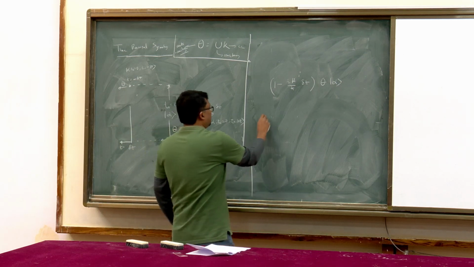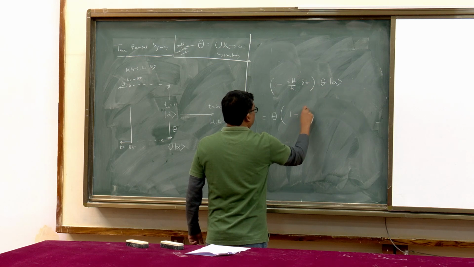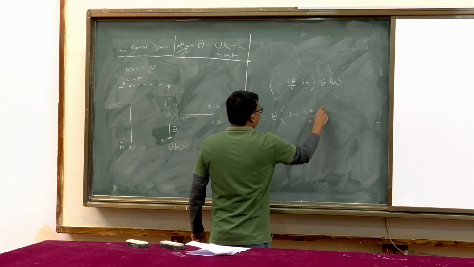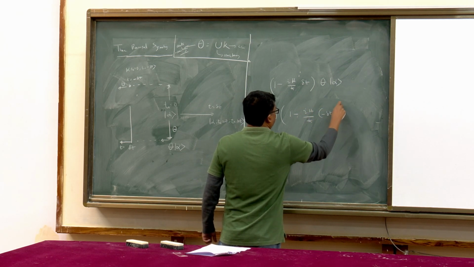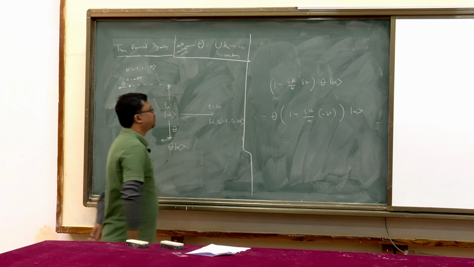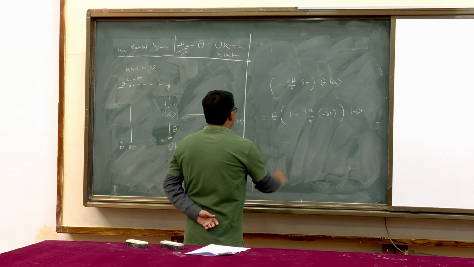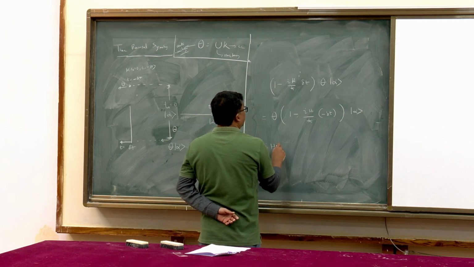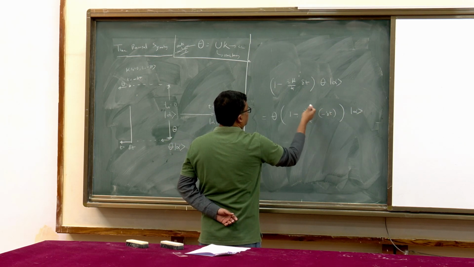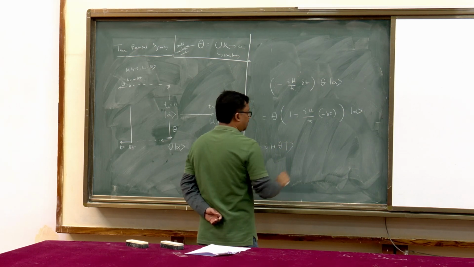That should be exactly equal to, if I had evolved the state first with minus delta t, or in other words minus i H, and the delta t is a constant, so that cancels out, theta on some ket.